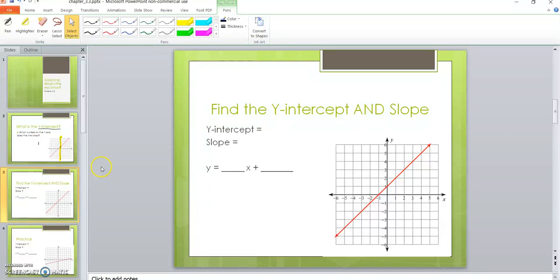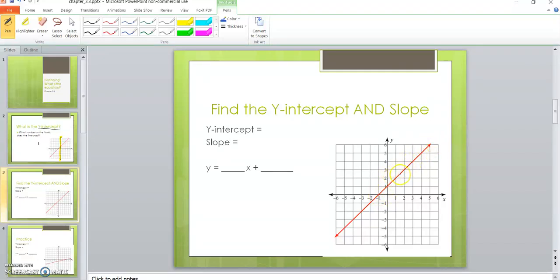So in this one, we are going to use what we learned last section, how to find slope, and what I just taught you about how to find the y-intercept. The very first thing we're going to do is figure out where our line crosses the y-axis.